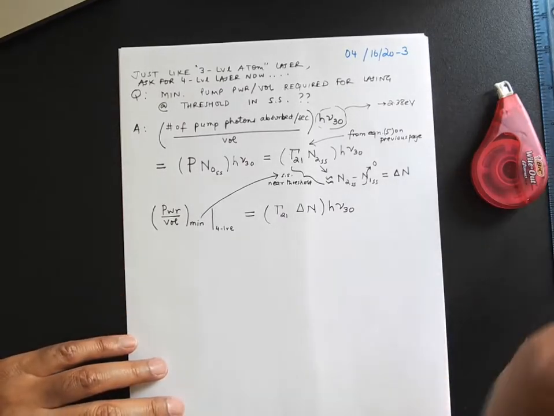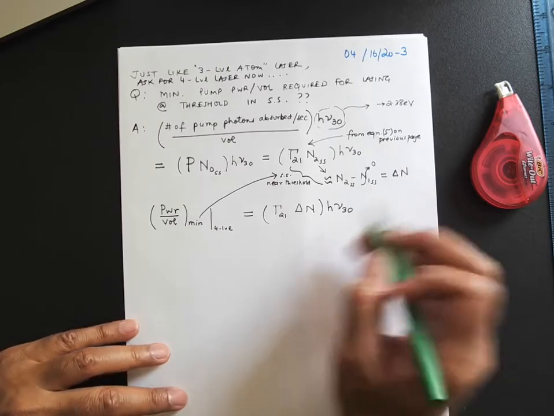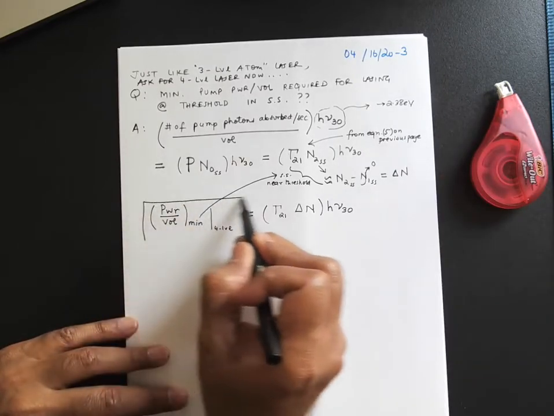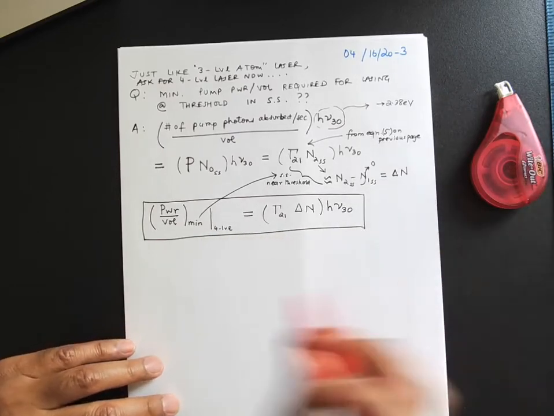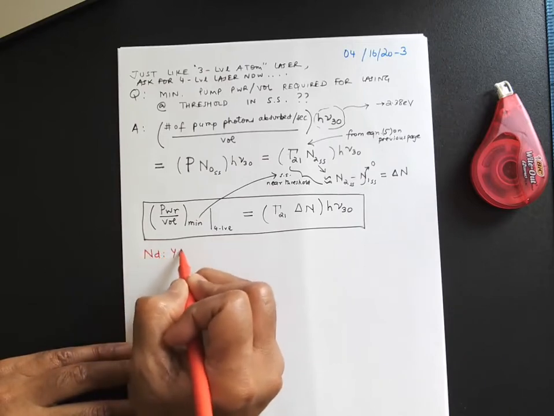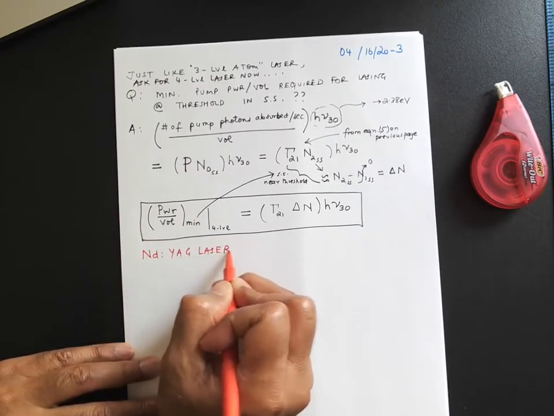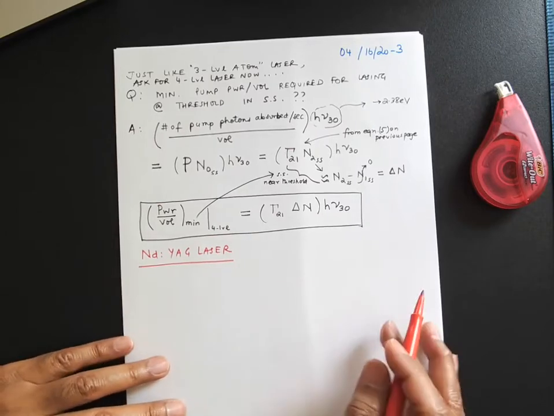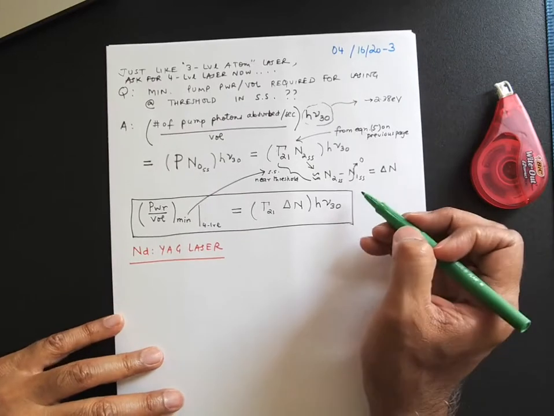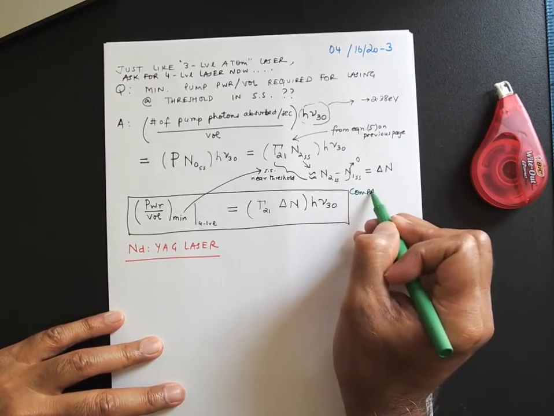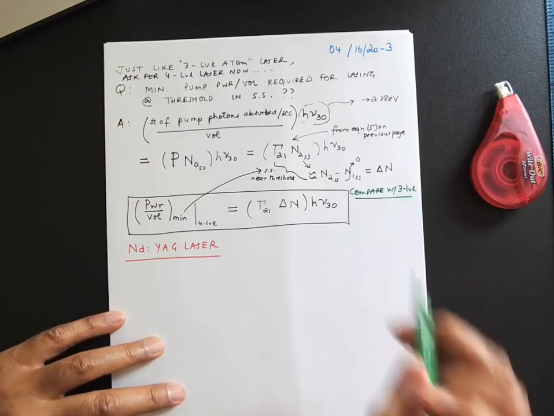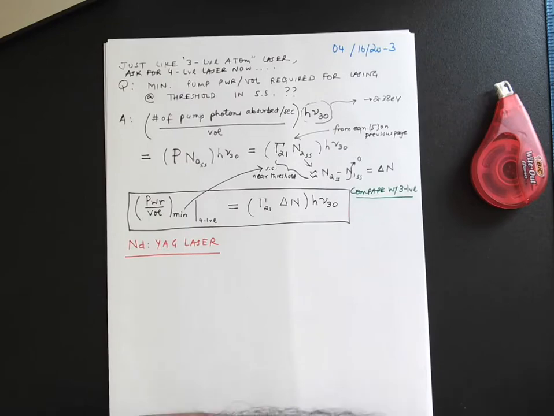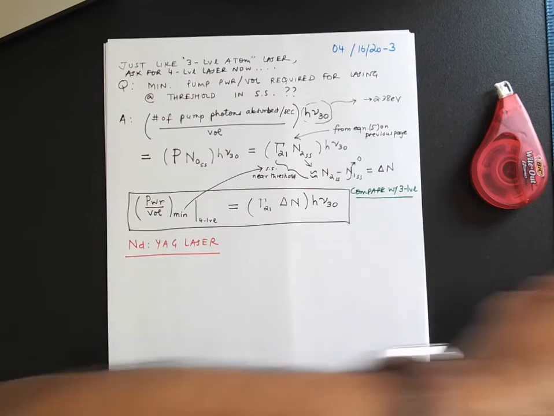All right. And just to remind you, we'll put numbers into this formula right here, so we'll compare this to the Nd:YAG laser. But I also wanted to say, if you compare with the 3-level, then what had we gotten for the 3-level?